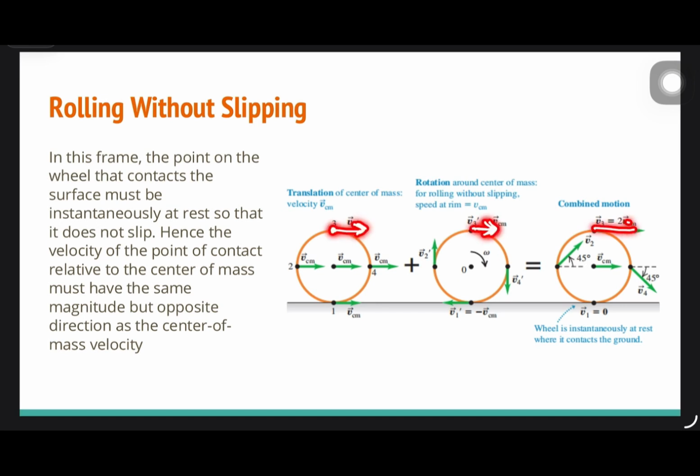Kaya yung combined motion niya, mag-equate siya sa times 2 ng velocity. Then, dito naman, para makuha natin yung resultant ng dalawang velocity or motion ng translation at saka rotation, itong isa, ang direction niya is downward.